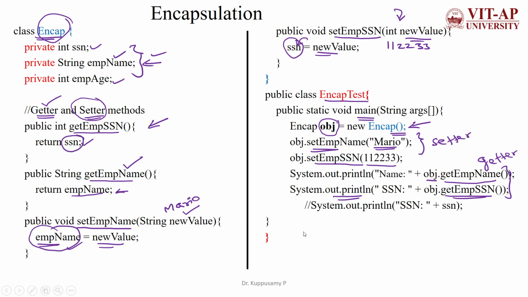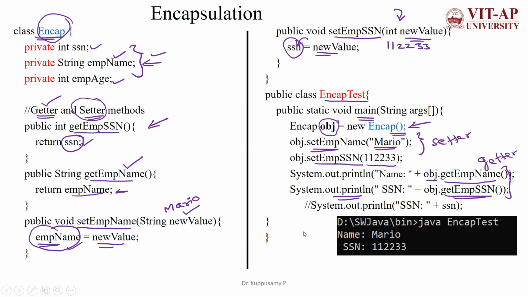So when you execute this program, you will get the output by setting and getting these values. Here you see these variables are hidden from the user, and cannot be accessed by another class. Through this we are getting encapsulation.